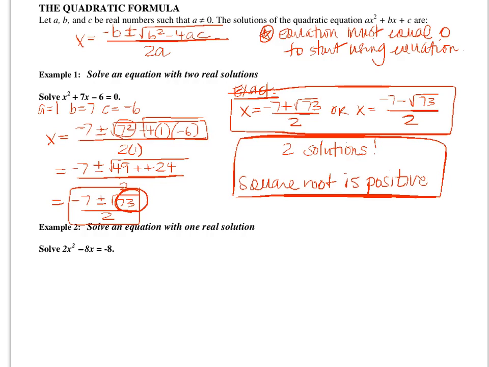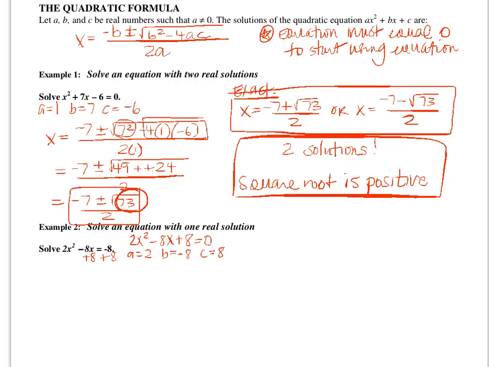Okay, next one. Let's try again. We first need to set this equal to 0, so I'm going to move this negative 8 over. So I have 2x squared minus 8x plus 8 equals 0. Now, I'm going to stick this in the quadratic formula, but I would suggest until we get good at this, we say that a is 2, b is negative 8, c is a positive 8.